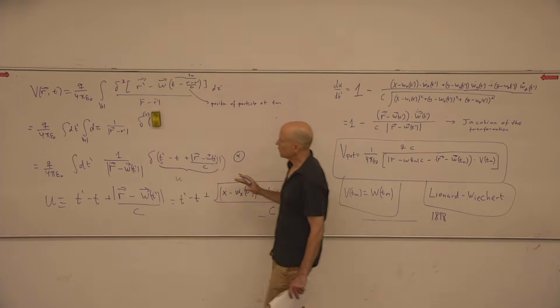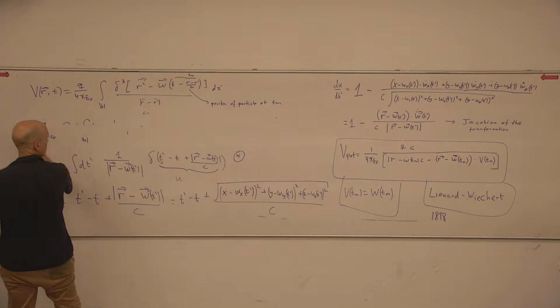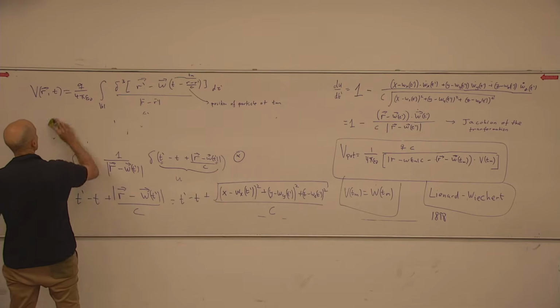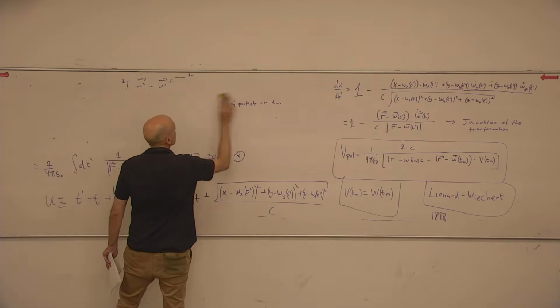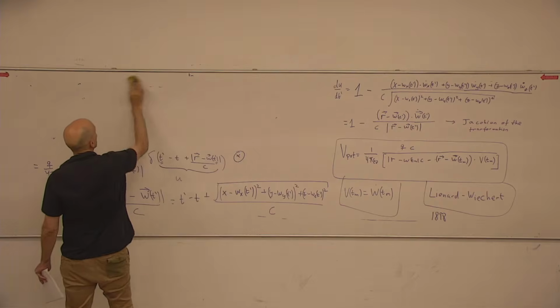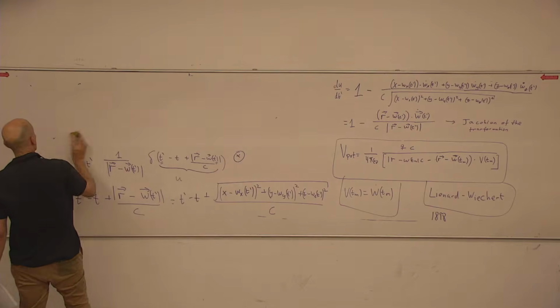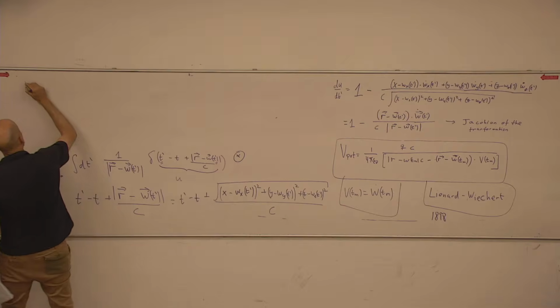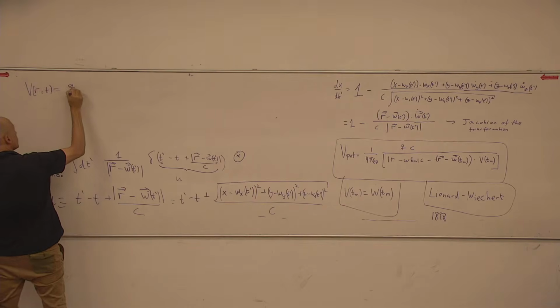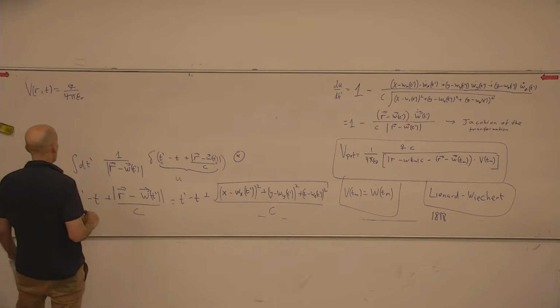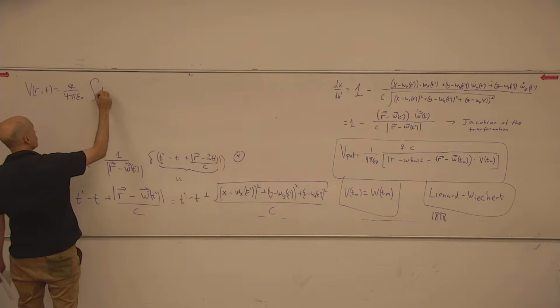Now we are nearly done because we can now use Aleph. We can calculate V, R, and T, Q over 4 pi epsilon. Integral now over du.